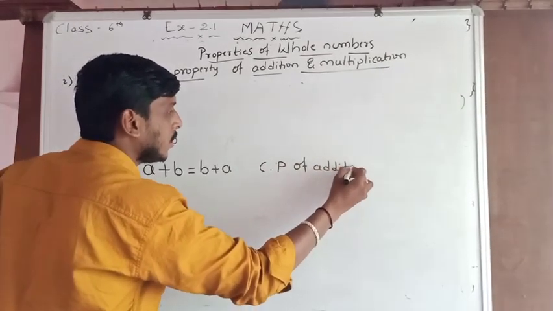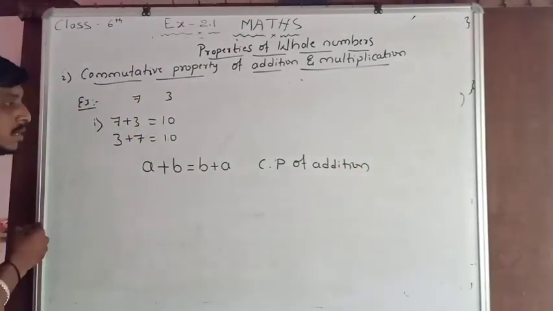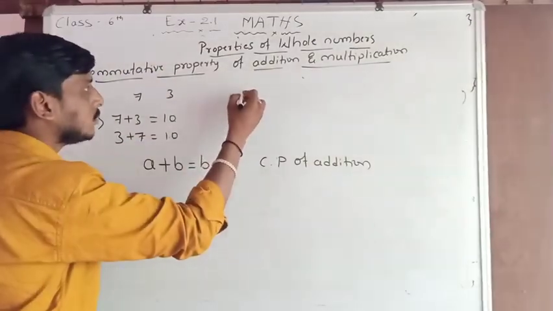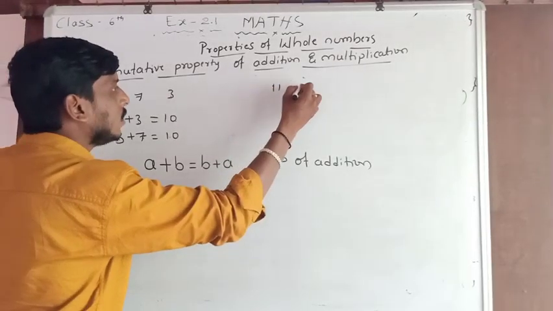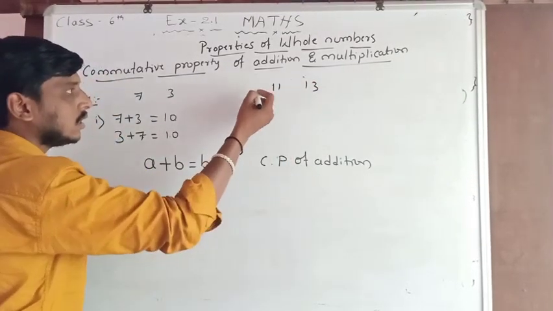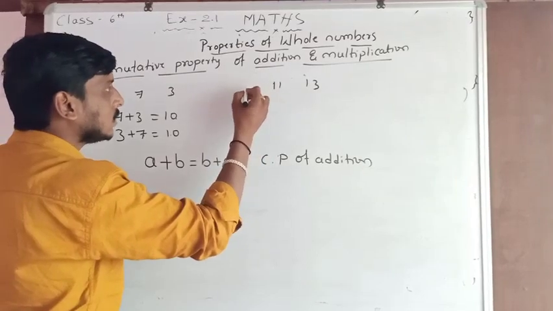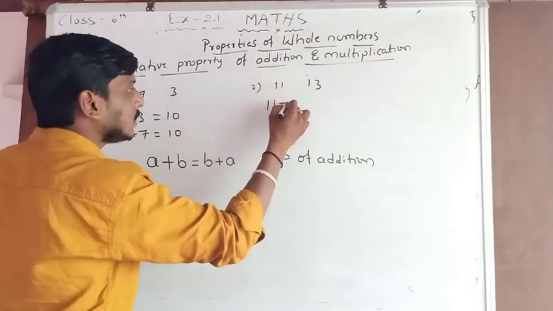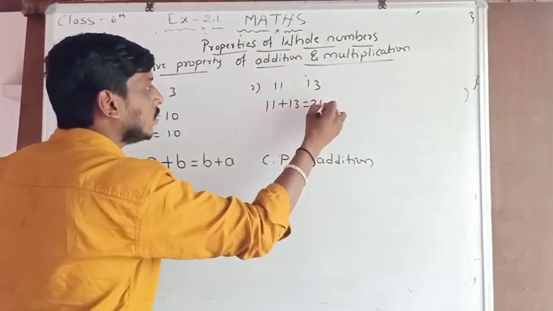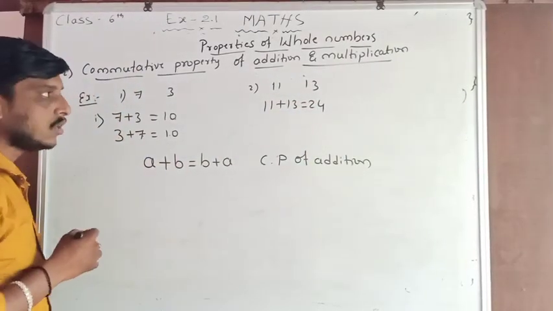This is CP, commutative property of addition. Whatever number you can select. For example, one more example: 11 and 13. Those two are whole numbers. Example 2; this is example 1. 11 plus 13, how much? 24.